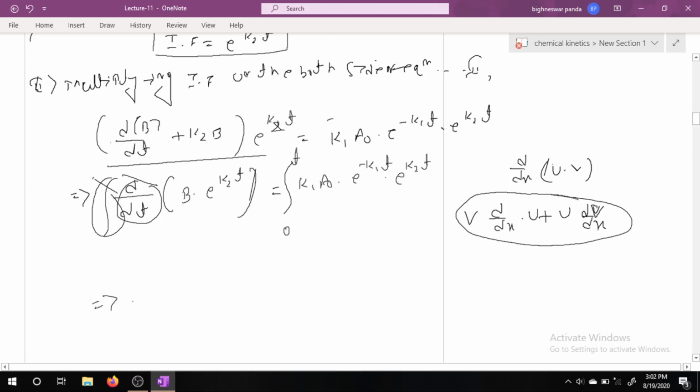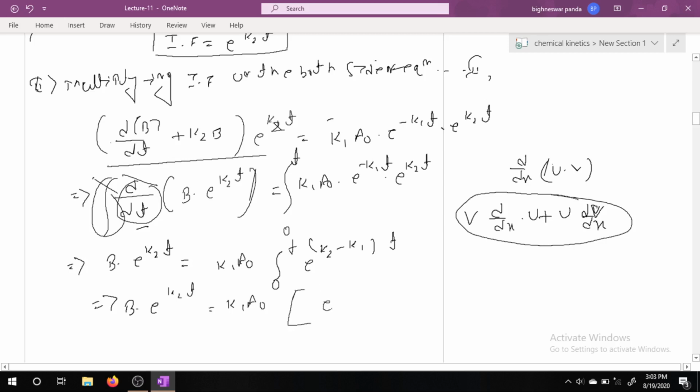So I have B into e to the power k2t equal to k1 A naught integral from 0 to t of e to the power k2 minus k1 into t. So B into e to the power k2t equal to k1 A naught, the integration of e to the power k2 minus k1 into t.